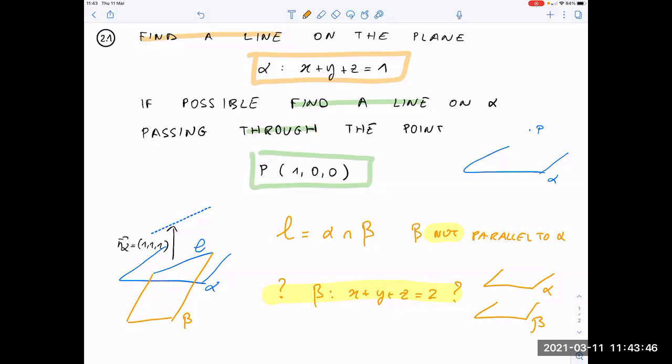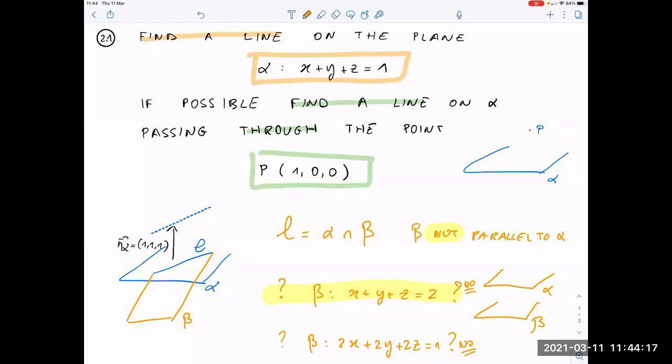However, someone else suggests a plane like 2x plus 2y plus 2z. Still, it is parallel to alpha. So this is not good. Okay, finally, we got a plane which is okay.